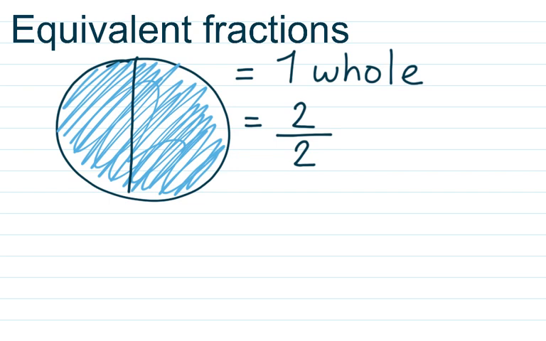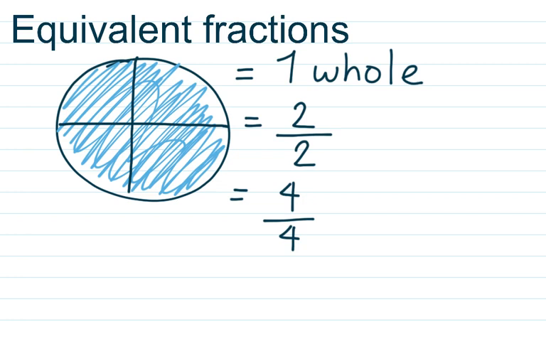But there's even more. If I divide this shape again by another line right here, now I have four equal parts. I have 1, 2, 3, 4 equal parts. I still have the whole shape shaded, so now I have four parts shaded out of four equal parts.